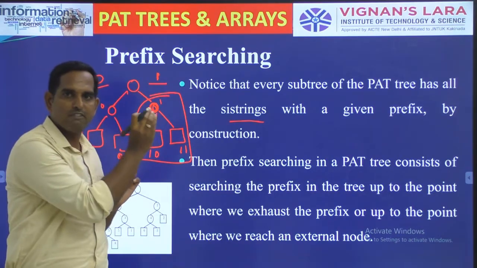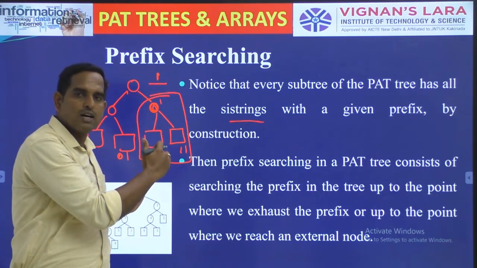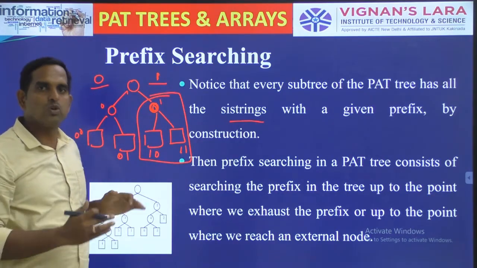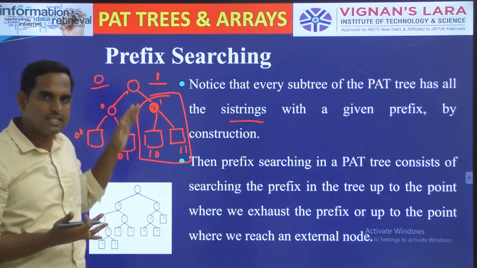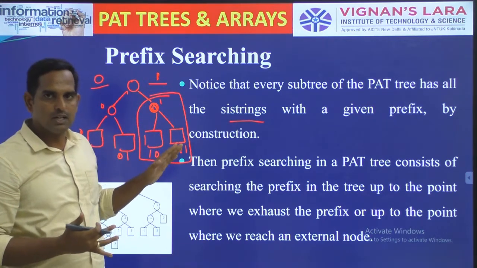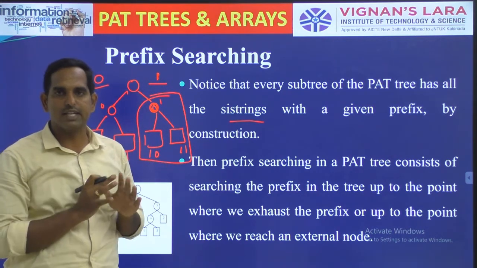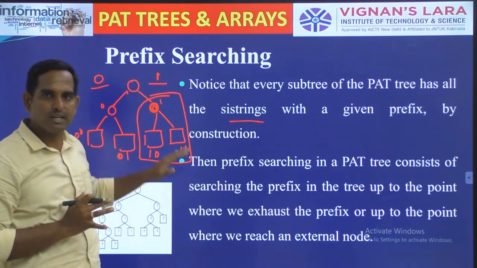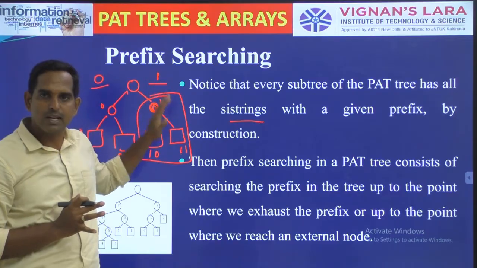So the prefix can be 1 there, and all the possible strings which start with 1 will be present in this subtree. So prefix searching will be much easier when you go for your tries. Instead of searching each and everything in your tree, you can search for that subtree where you can get the complete set.